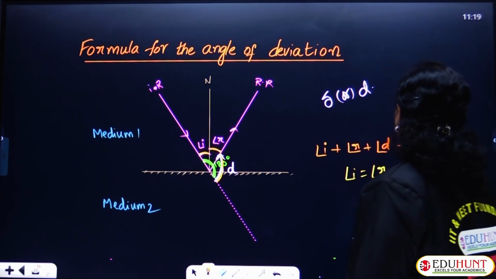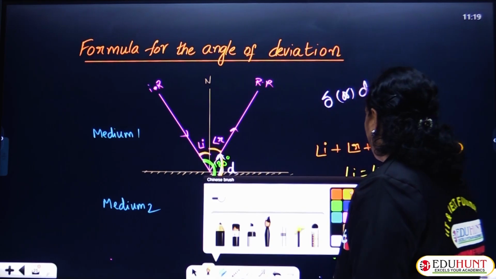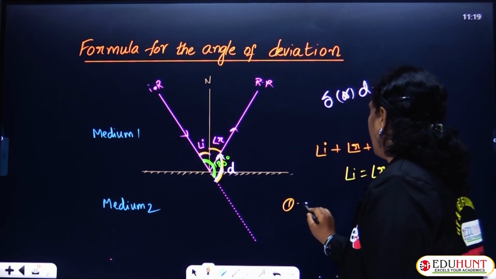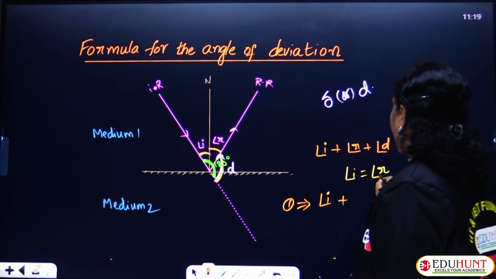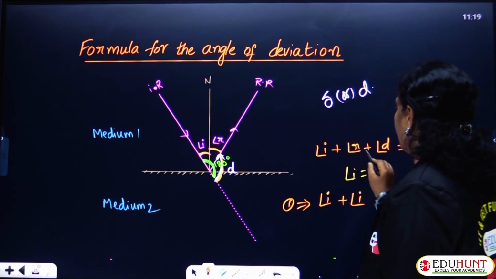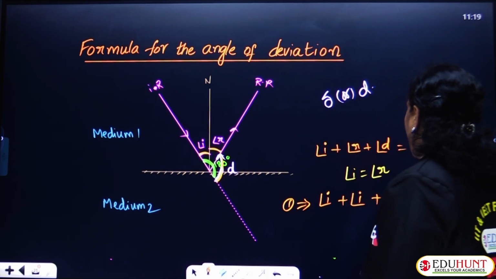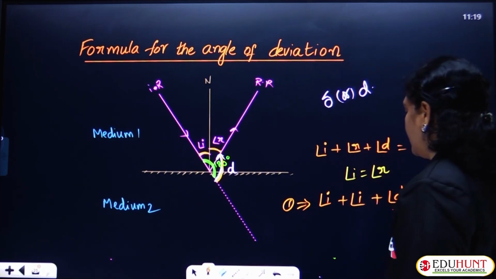So equation 1 can be rewritten as angle I plus, instead of angle R, angle I, plus angle D must be equal to 180 degrees.